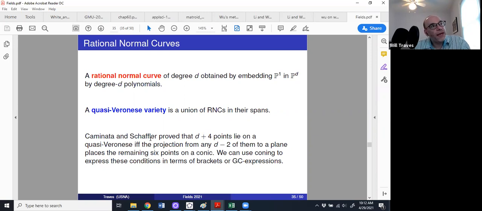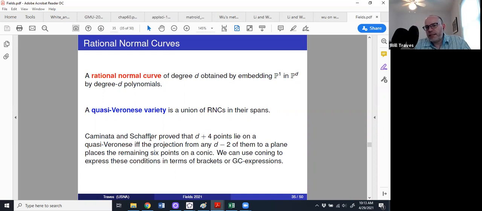You fix one of the 7 points, and cone over that point to the other 6 points, and take those lines that you get joining the points and intersect them with a hyperplane, with a plane. And you get 6 points on the plane.